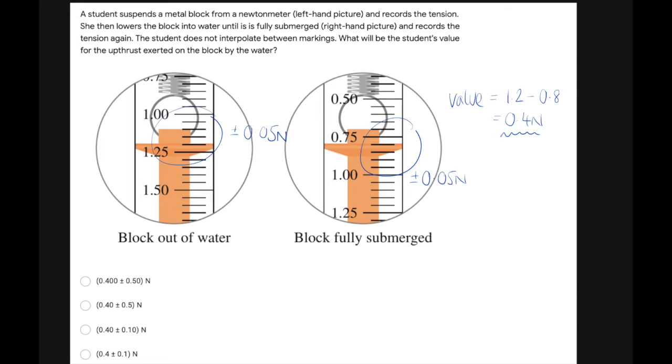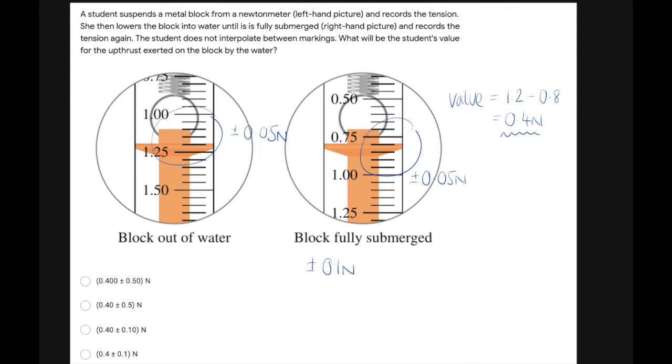Therefore, the total absolute uncertainty in our reading is plus or minus 0.1 newtons, because the upthrust is given by taking one force from another. They're measured in the same unit, so we can simply sum their uncertainties.